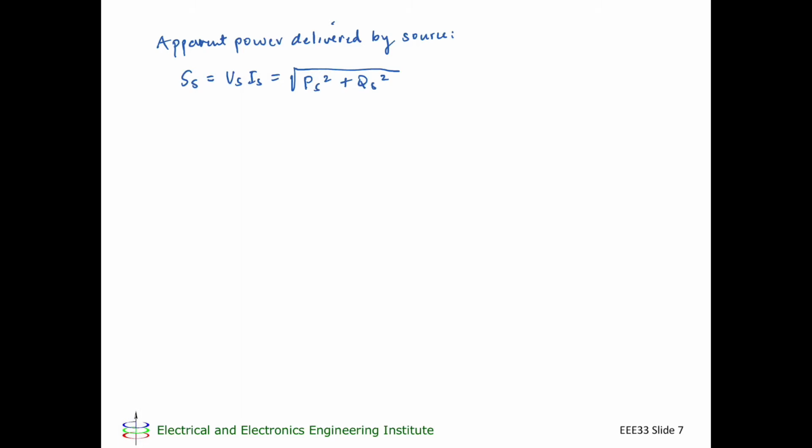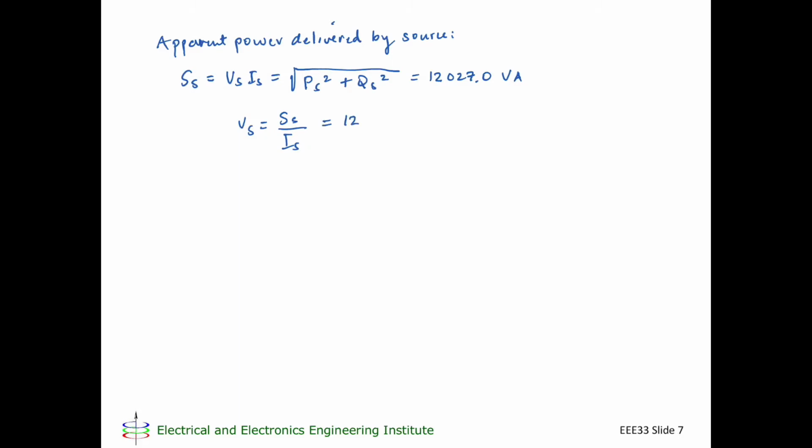I already know P of S and Q of S. So I can compute S of S, that is 12,027.0 volt amperes.